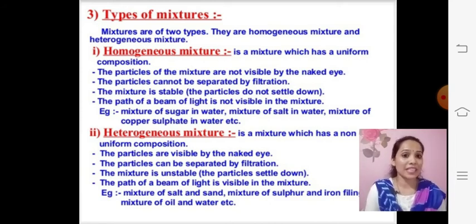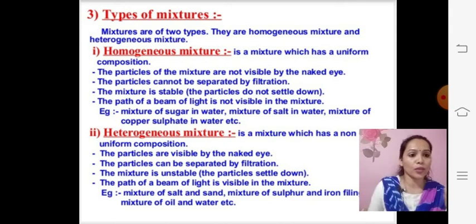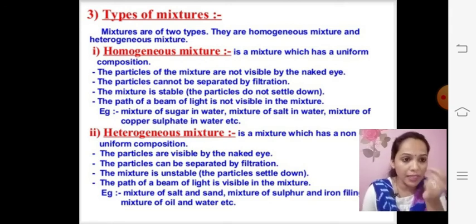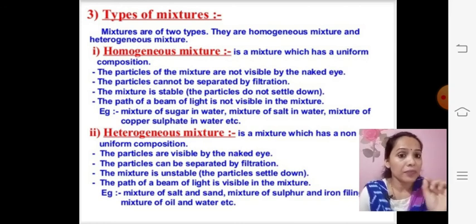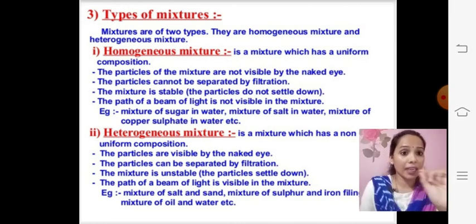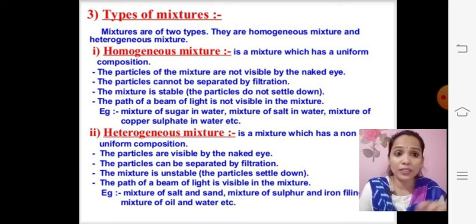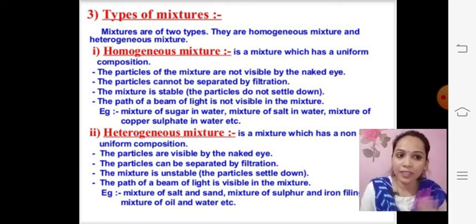It is a mixture which has uniform composition. The particles of the mixture are not visible to the naked eye. For example, in salt water or alcohol water, can you see the alcohol or the salt? No, salt particles not at all. So, the particles in the mixtures are not visible to the naked eye.